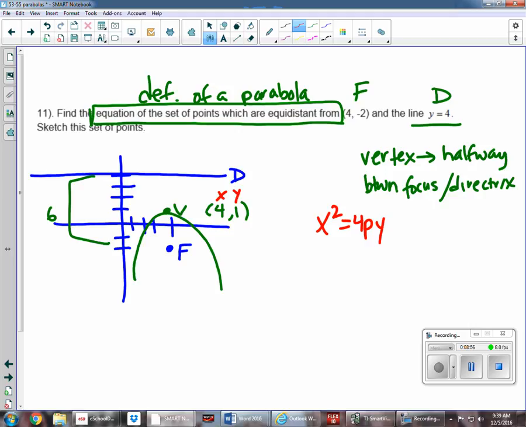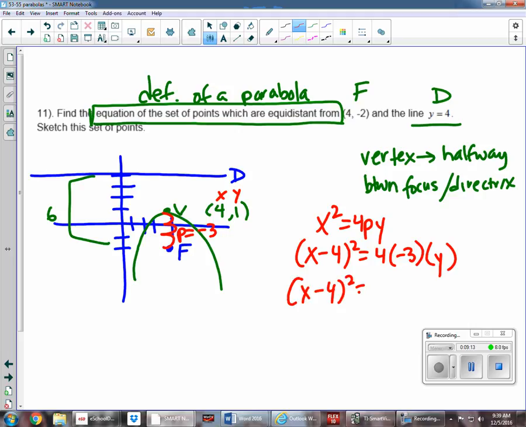I'm also going to need the value of p. The value of p is down 1, down 2, down 3. So p is -3. We've got x minus 4 squared equals 4 times a -3 times y, or x minus 4 squared equals -12 times y.